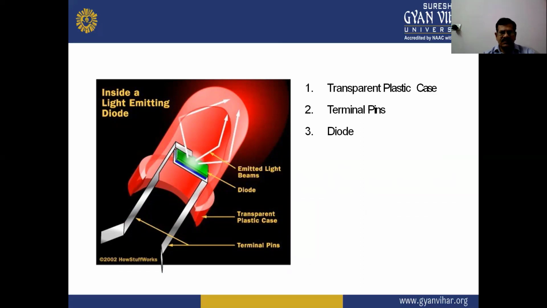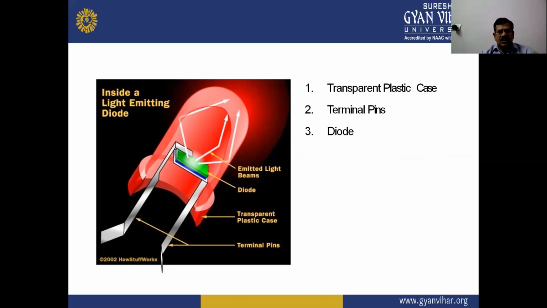We see in this picture the cutting section of the light emitting diode. Inside a light emitting diode, the emitted light beams come from the diode, enclosed in a transparent plastic case, and outside there are two terminal pins, one is the anode and the second is the cathode.